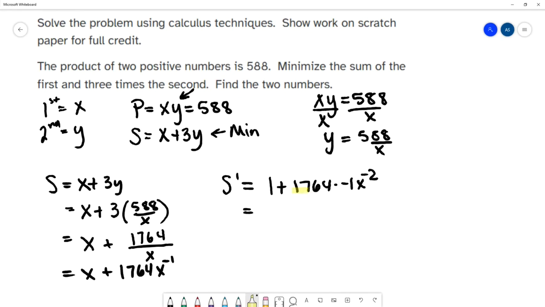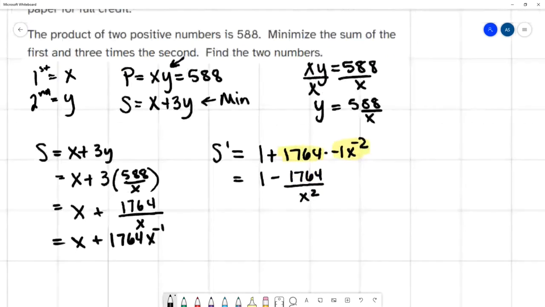The 1,764 is a constant multiple. I carried that down, and then I did the power rule on x to the -1. Now I'll write this as 1 minus 1764 over x squared. So there's my derivative.